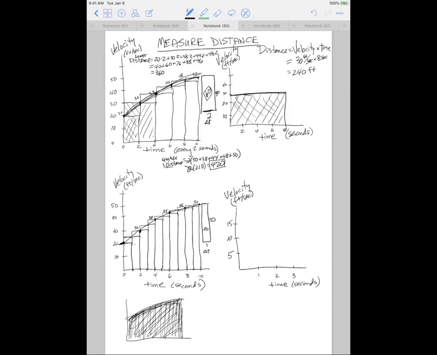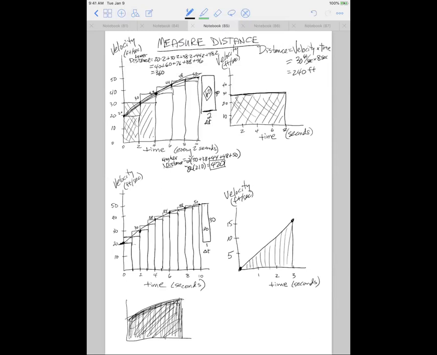Suppose we were on a bike and started at zero, we didn't start moving, and we continually increased regularly up to, after 3 seconds, going 15 feet per second. Then the distance we travel is equal to the area under this curve.